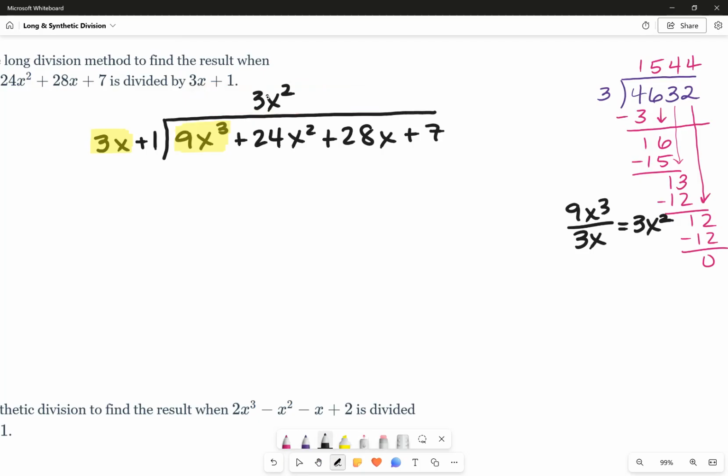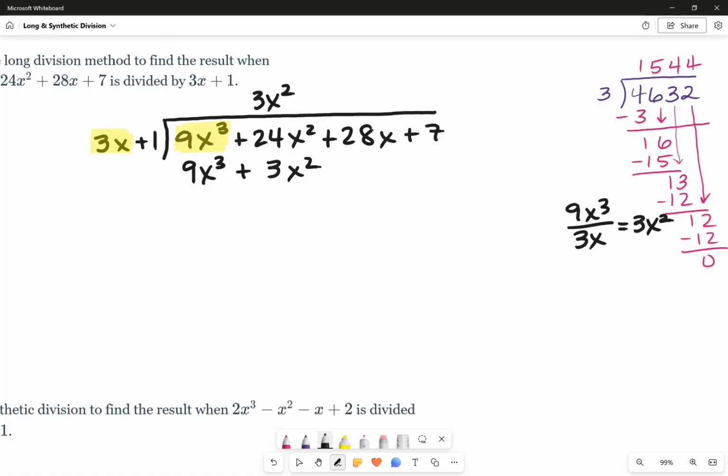So 3x squared has to multiply with 3x, and 3x squared has to multiply with 1. Well, 3x squared times 3x is 9x to the third power. 3x squared times 1 is a positive 3x squared. After you multiply, you are going to subtract.